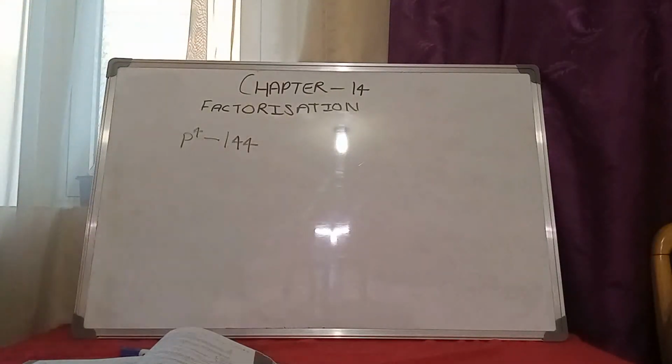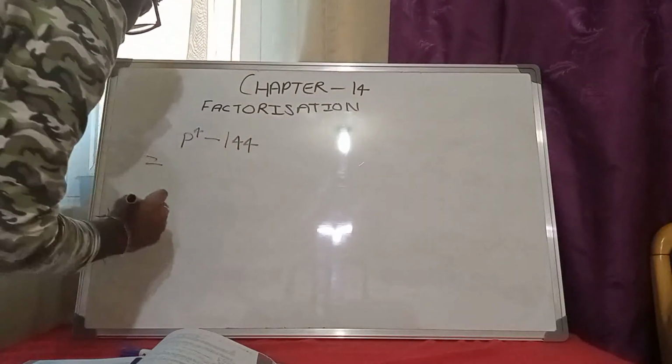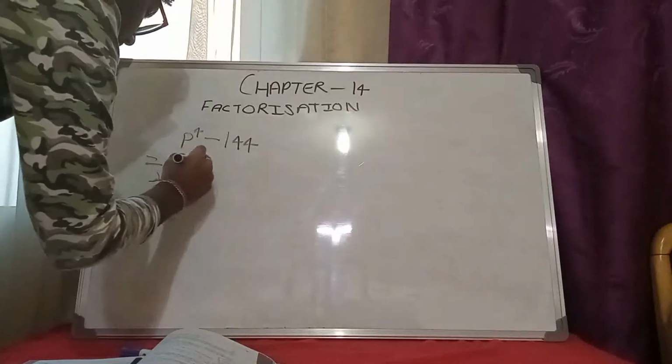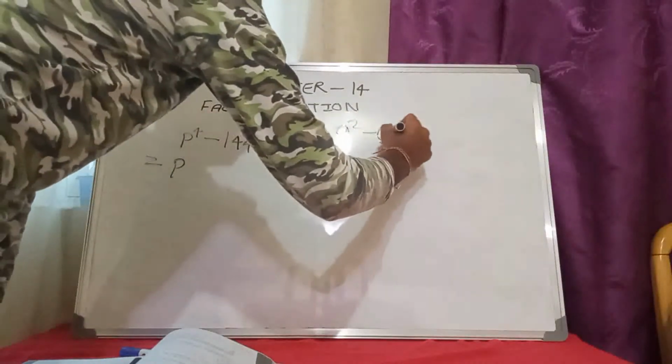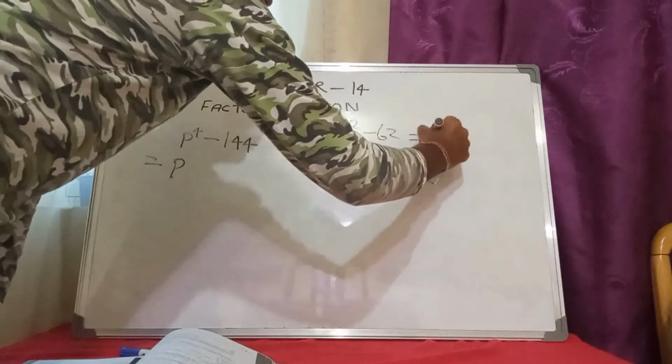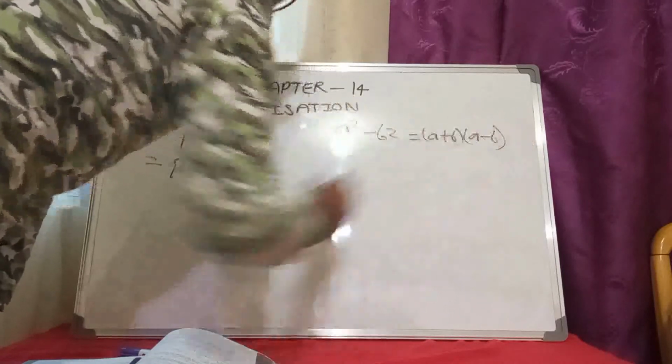Now the question ahead of us is a very small one, p to the power 4 minus 144. But this is also a very big answer you will get. The first method is, the identity we'll be using is a square minus b square equals a plus b into a minus b. This is the identity.